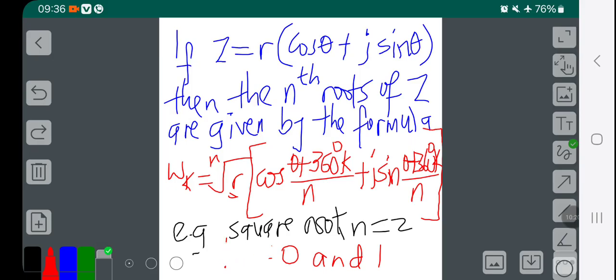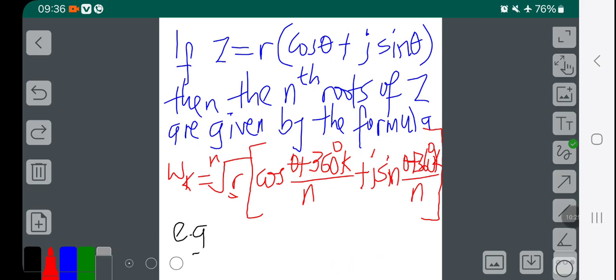Let's say they say find the cube root. If it's a cube root, our n will become 3.